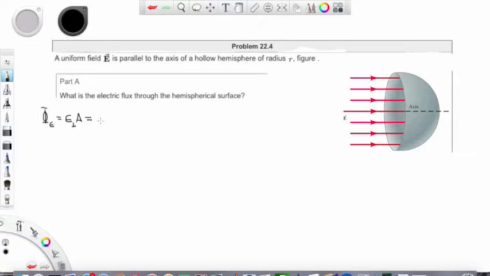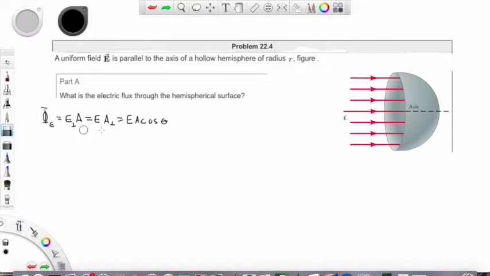Or we can also say that the area we are considering has to be the projection to a surface that is perpendicular to the E. These both mean, just mathematically, that it's going to be EA cosine theta, and theta is the angle, if there is any, between the electric field vector and the normal of the area element.